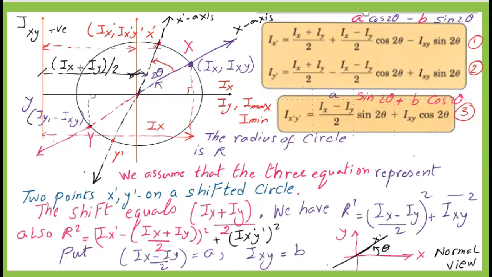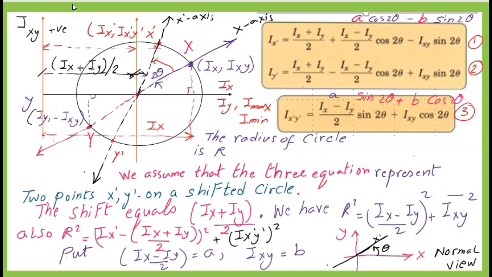Since Mohr's circle of inertia has both points x and x dash, that concludes that the radius of the circle can also be obtained by the square root of the square of Ix dash minus Ix minus Iy over 2 plus the square of Ix dash y dash value.